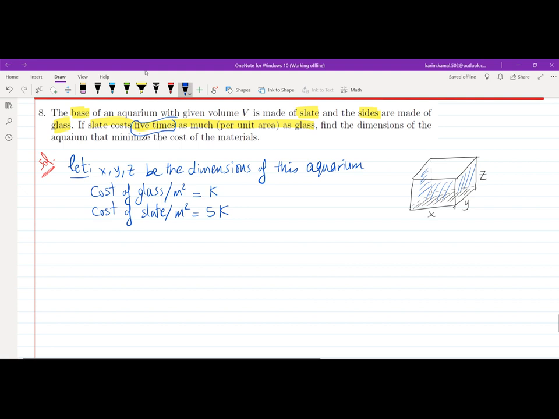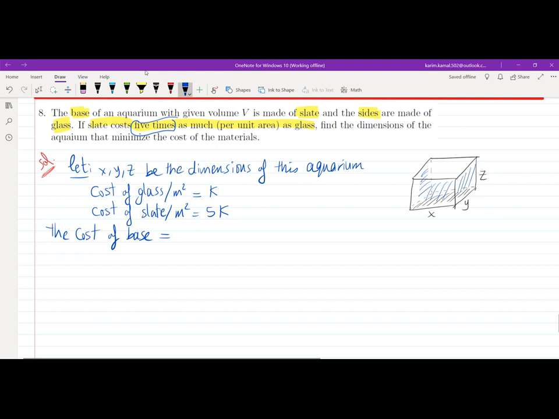Then the cost of the base. In order to get the cost, we have to multiply the area of this face, which is the base, times its cost.